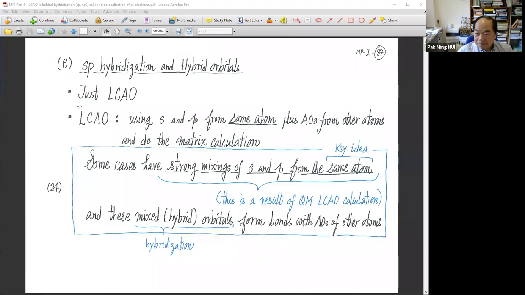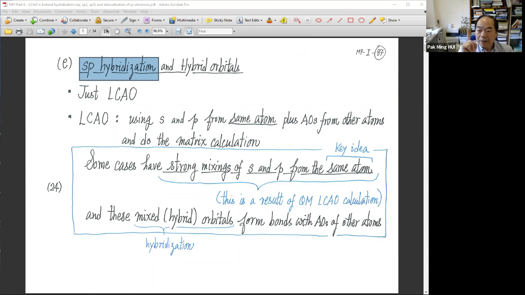So let's make it very clear at the outset what hybridization is. SP hybridization actually means the following. It is LCAO, linear combination of atomic orbitals. But the key point here is it is linearly combining S and P from the same atom.